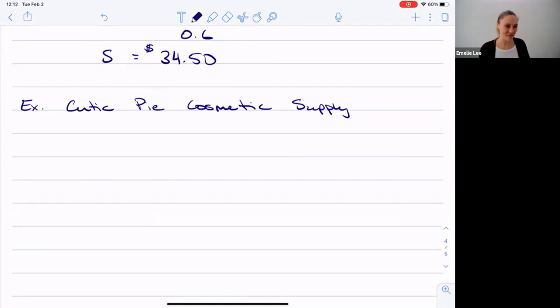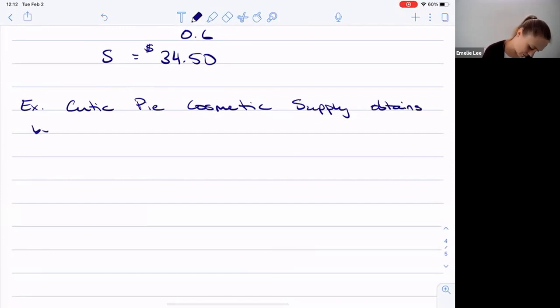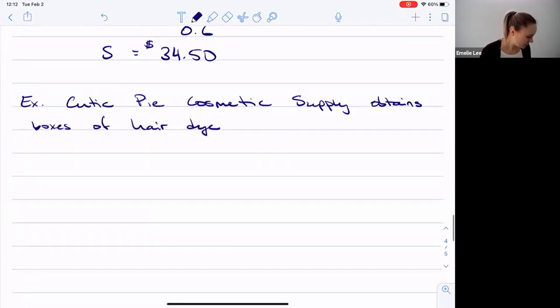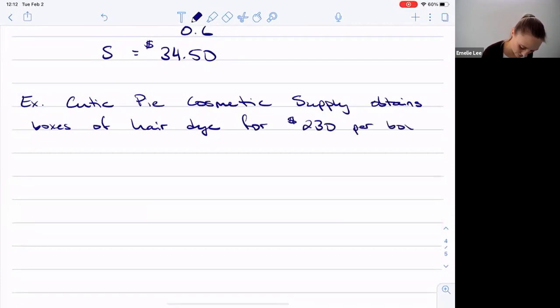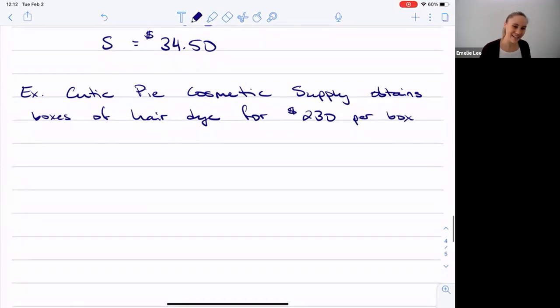So Cutie Pie Cosmetic Supply obtains boxes of hair dye for $230 per box. Yikes. Less 30% and 10%.